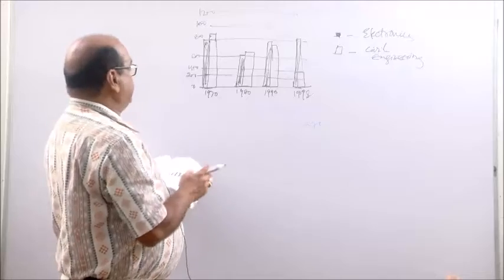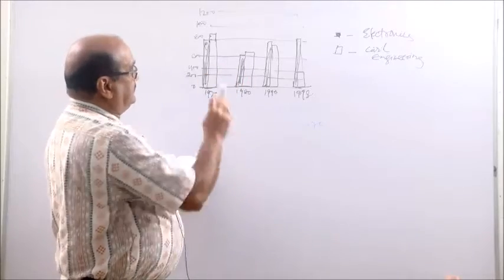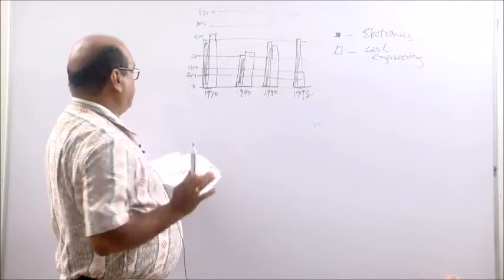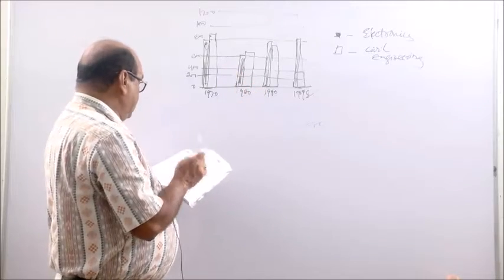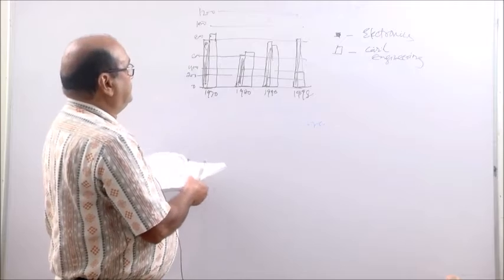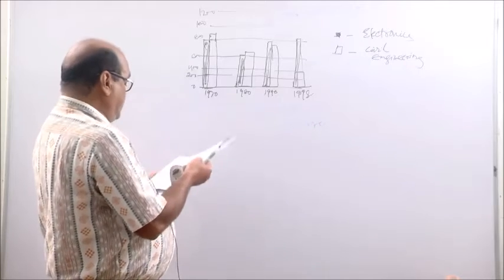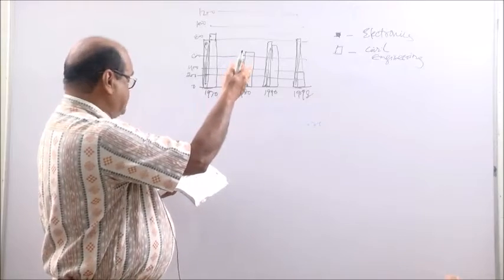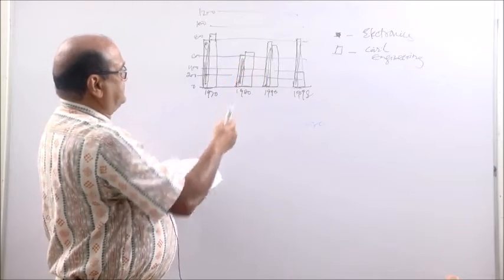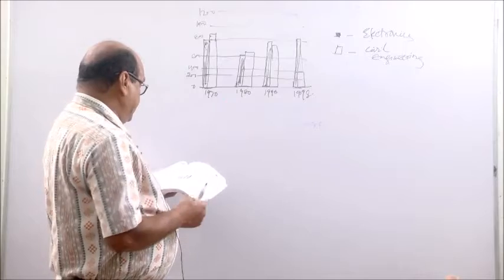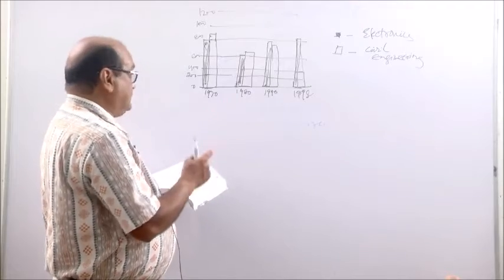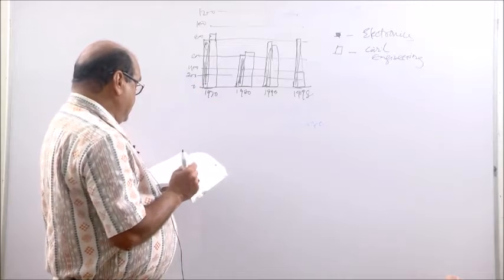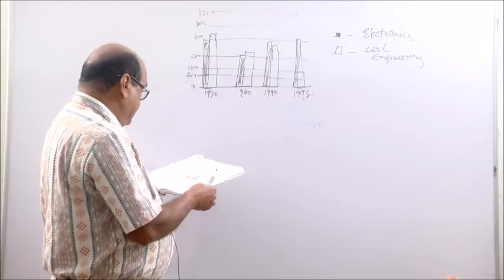Year speaks about the year of admission. In the engineering college, there are two subjects, electronics and civil engineering. And this chart shows the number of admissions in the technical subjects, electronics and civil engineering, in the years 1970, 1980, 1990, 1998.